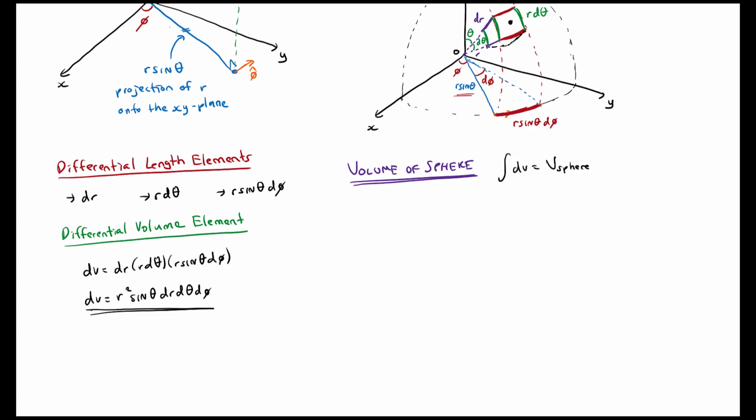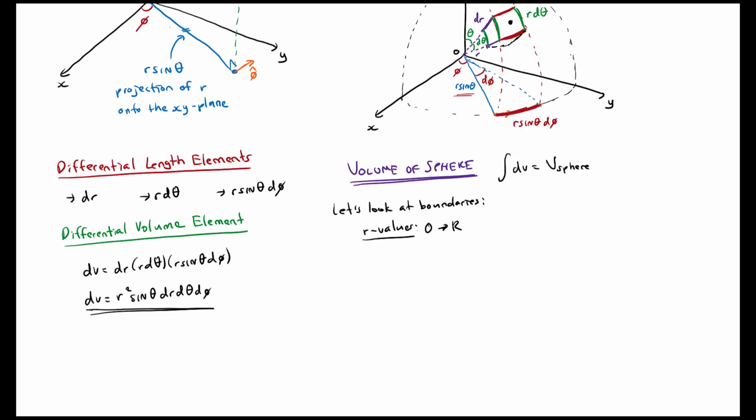But we need to figure out the boundaries, and there are 3 different variables, so that means we're going to need a triple integral. So let's take a look at the boundaries. They're going to be for r values. We have it going from 0 to capital R, the radius of the sphere.